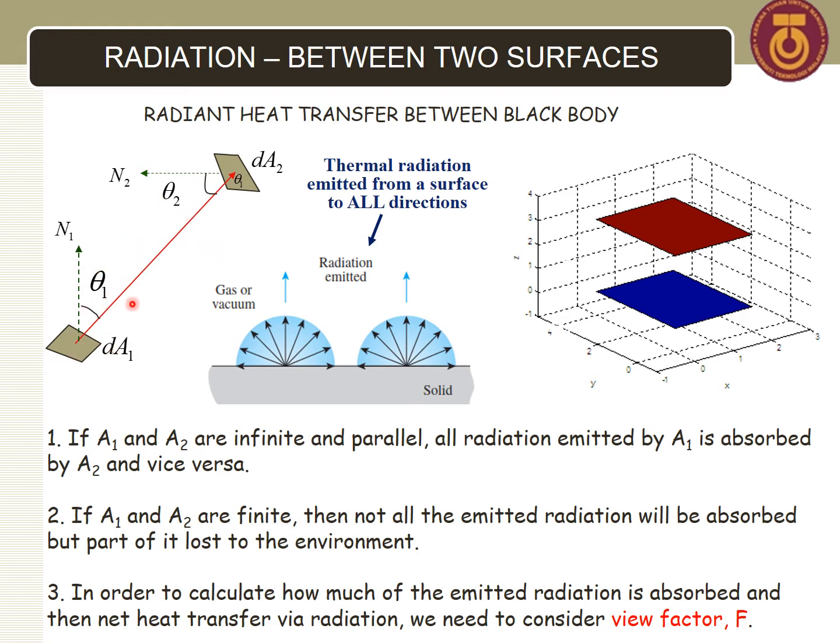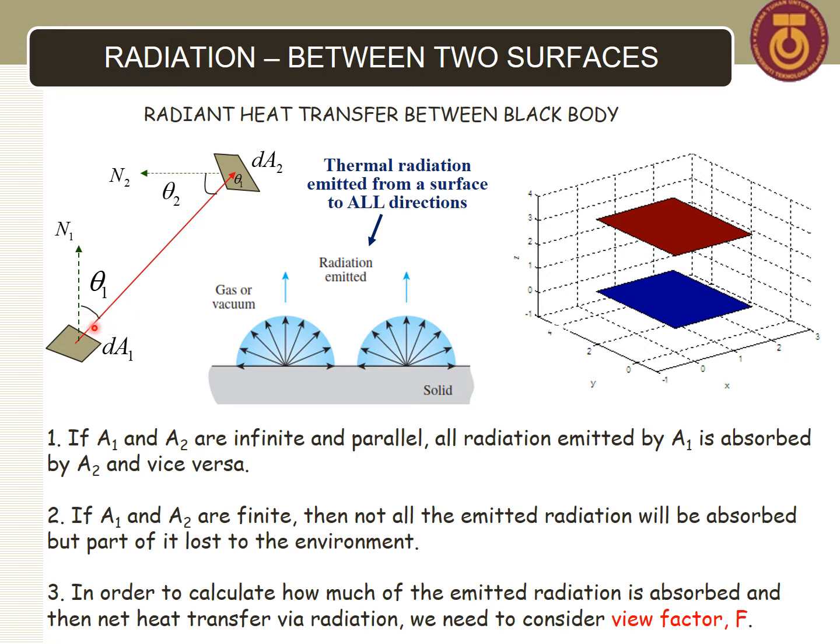Let's assume surface 1 has a higher surface temperature as compared to surface 2. From what we have learned so far, we know the net heat transferred will be from surface 1 to surface 2.